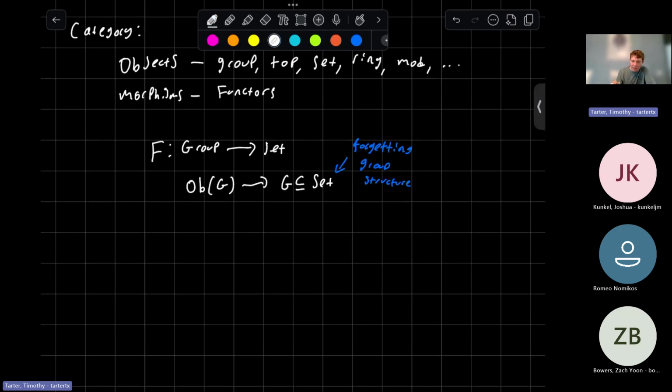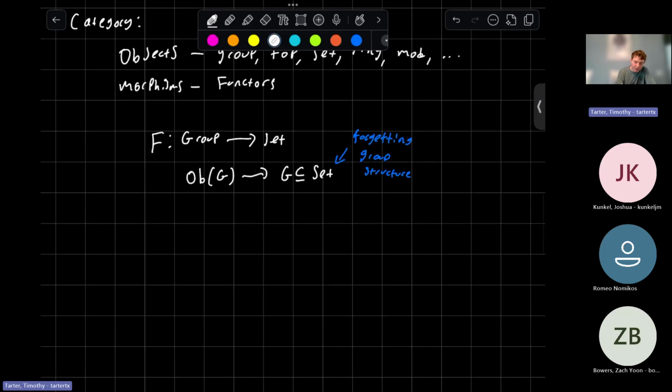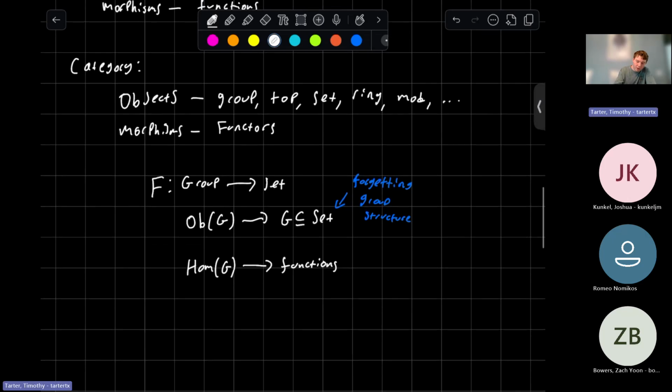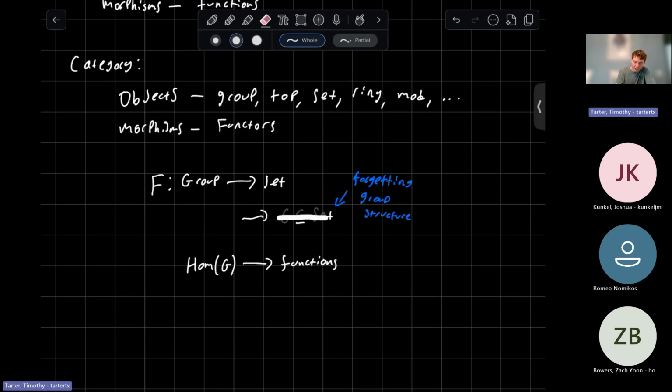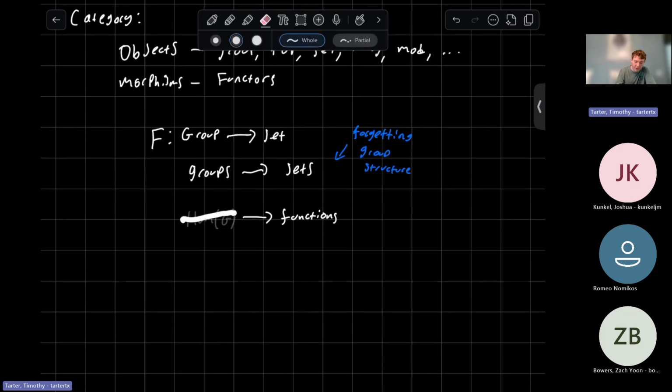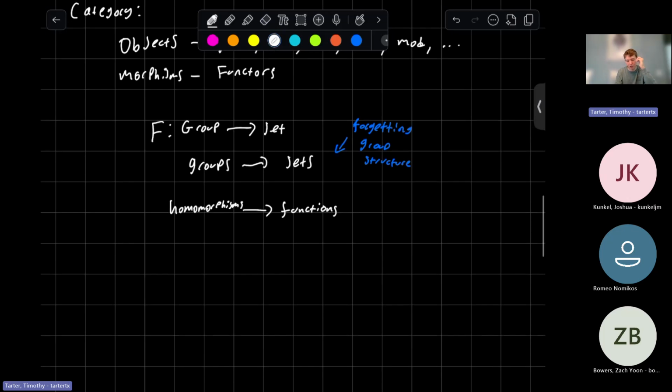But it's not just going to send objects to objects. It's going to send the morphisms, the homomorphisms, to functions. So we're sending groups to sets, specifically their underlying sets, but we're sending homomorphisms to functions.